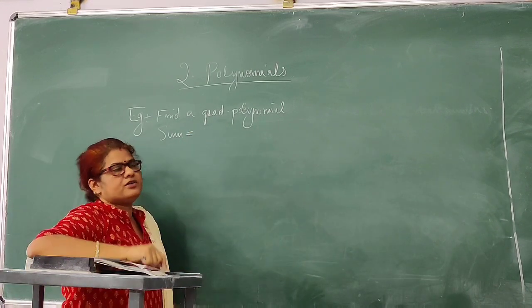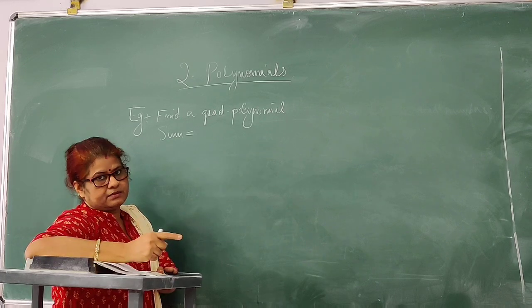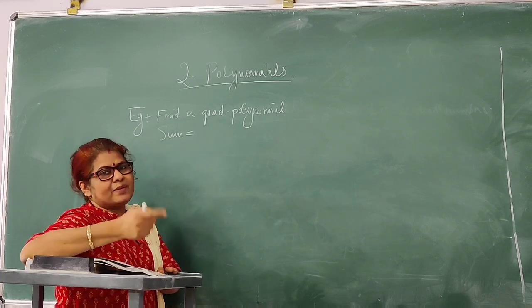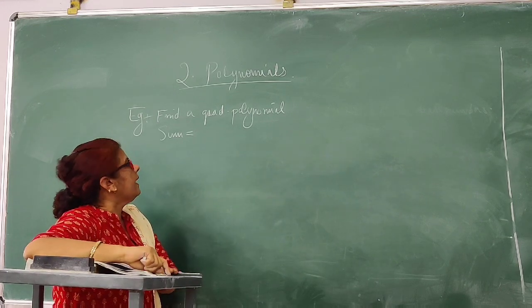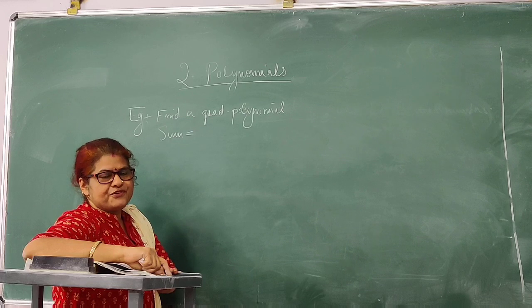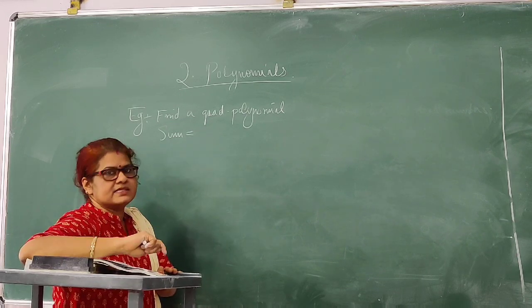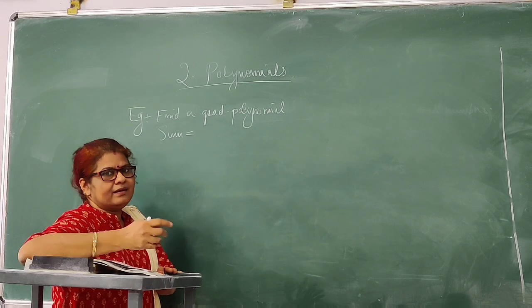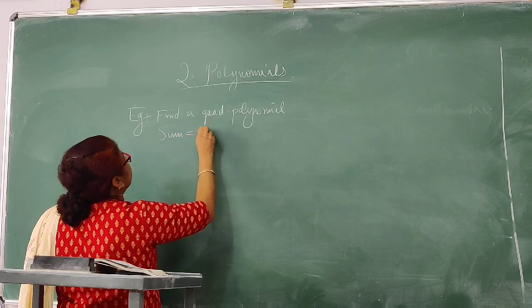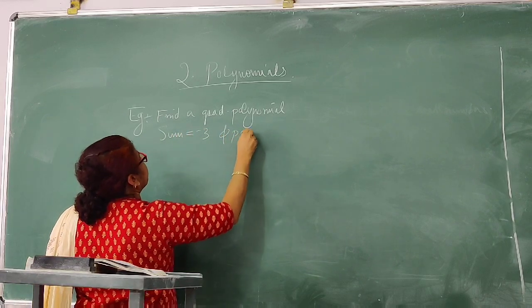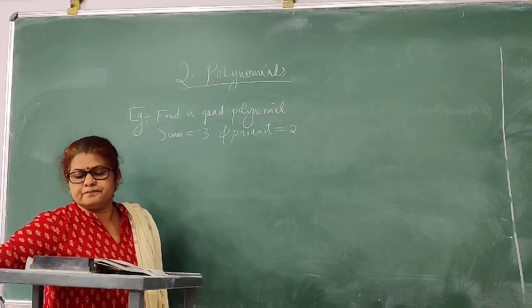Then respectively, you should listen carefully. Sum and product are respectively, then the first number you should take as the sum and the second one as the product. And in order to confuse you, sometimes it will be given product and sum are respectively. Then you have to read it very carefully. Sum minus 3 and product 2. This is the question.